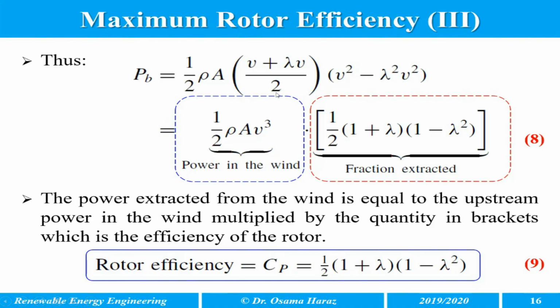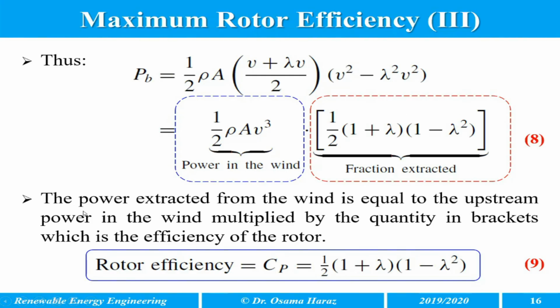So we are going to separate this into two different quantities. The first one equals half rho A V cubed, and this we'll call the power in the wind, multiplied by another factor, half times 1 plus lambda times 1 minus lambda squared. This becomes the fraction extracted, and this will become the efficiency.